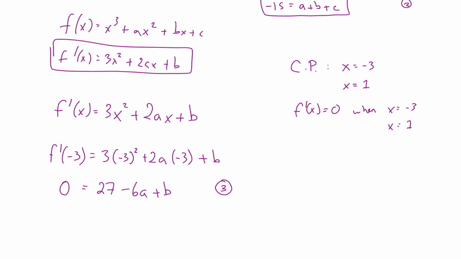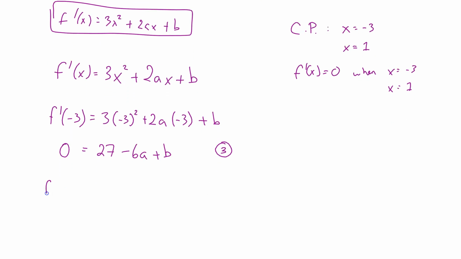And then we'll do the same thing for when f prime of x is equal to 1. So we'll plug in 1 as our x. So we have 3 times 1 squared plus 2a times 1 plus b.